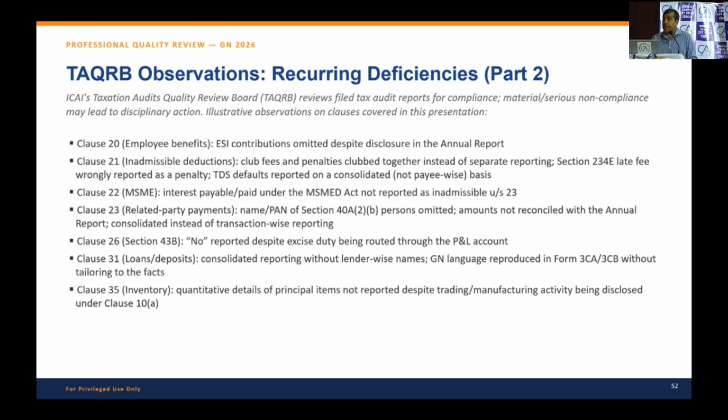So clause 20 ESIC was applicable to entity, but still there were no reporting there. I mean, they've really gone and spent time, and I'm happy this has come for tax audit reports as well. So far, the institute was only performing this on financial statements and not on tax audit report. But it's a very good exercise. One should look at, one should obtain this publication, look at these observations.